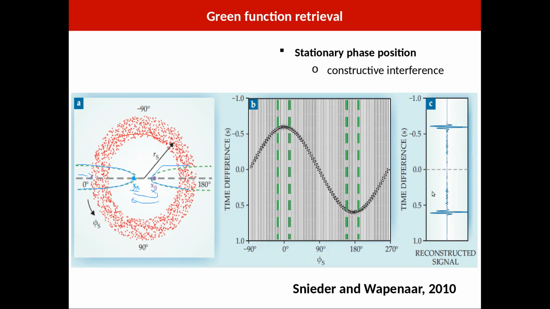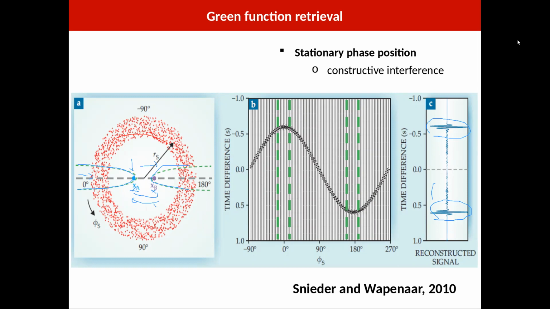We have one signal in the positive time lag, and another signal in the negative time lag. Let's say the positive one is the signal that behaves as a source at point A and traveling to point B, and the negative one is a source at point B traveling to point A.